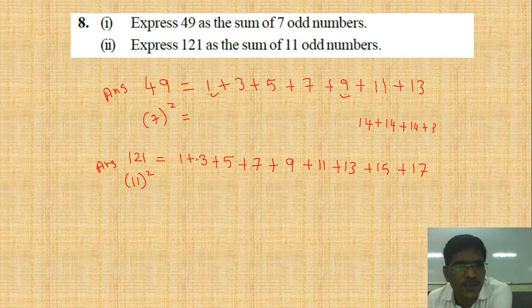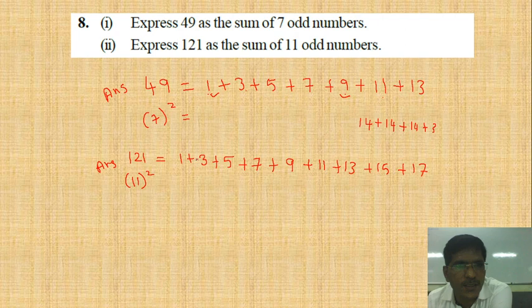So 11 terms are there. If you check properly, we always get 121. So we will check that with 21. Chalo.